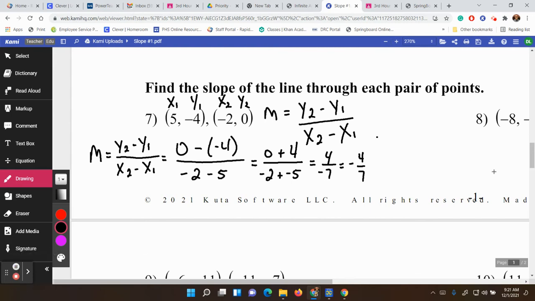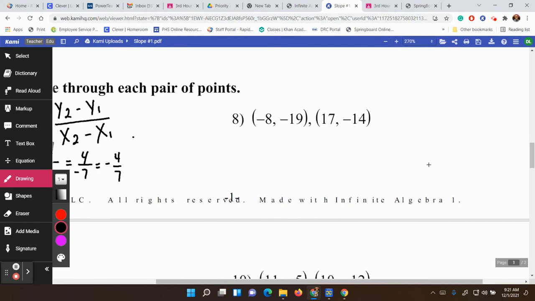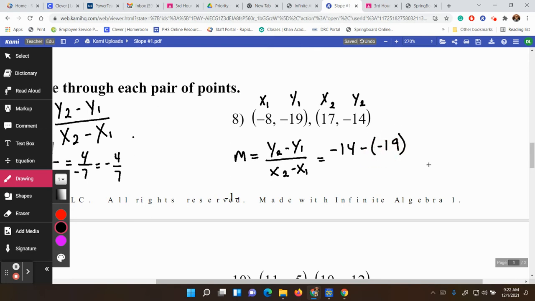All right, so let's move to number 8. First thing we do is identify our x1, y1, x2, y2. We are going to say m equals y2 minus y1 over x2 minus x1 equals negative 14 minus a negative 19 over 17 minus a negative 8.